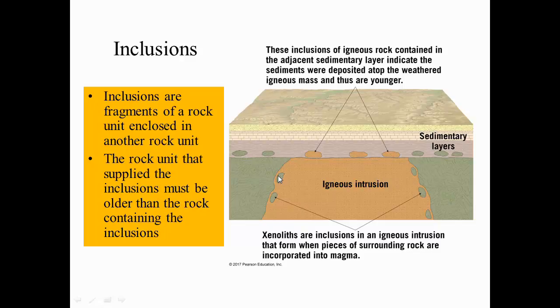What's more, the igneous intrusion contains what are called xenoliths, which are inclusions of the adjacent metamorphic rock. So these inclusions are bits and pieces or fragments of older rocks incorporated within younger rocks.